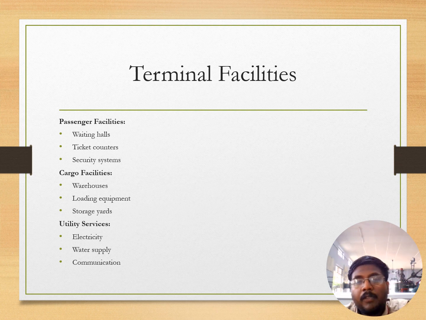Medical emergency goods should be stored with the help of an air-conditioned room. In general, facilities like electricity, water supply, and communication are also provided in harbor and port.